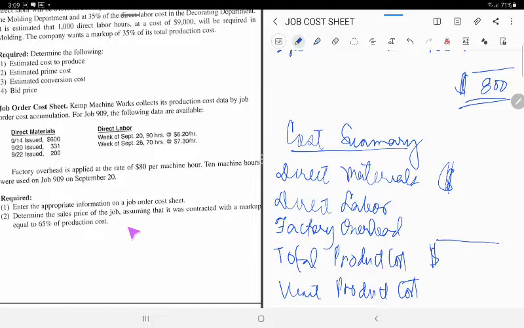Requirement number 2: determine the sales price of the job, assuming that the markup is 65% of production cost.